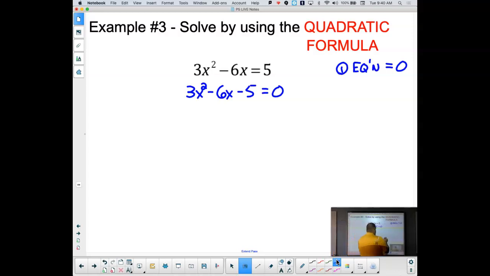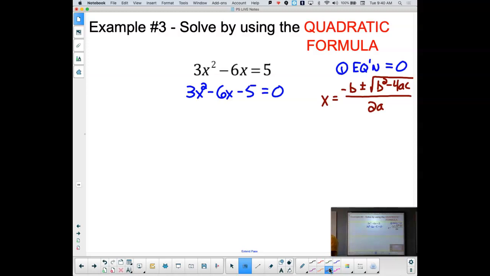Okay? And then lastly, the actual quadratic formula is x equals opposite of b plus minus square root of b squared minus 4ac all over 2a.